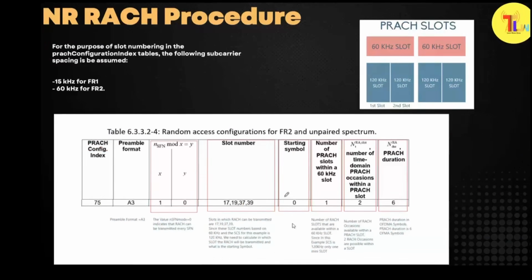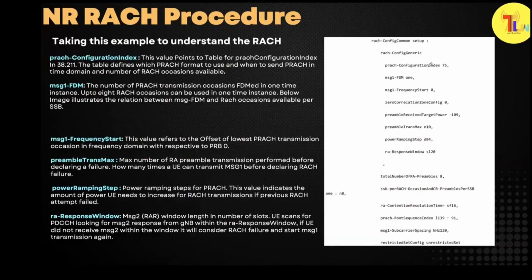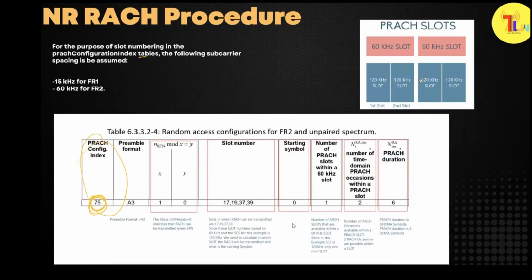Now, for the purpose of slot numbering in the PRACH config index, this is your PRACH config index, an example. PRACH config index number 75 has been given in my example. According to that, I need to understand my system frame number.